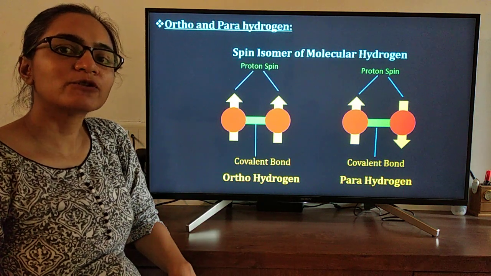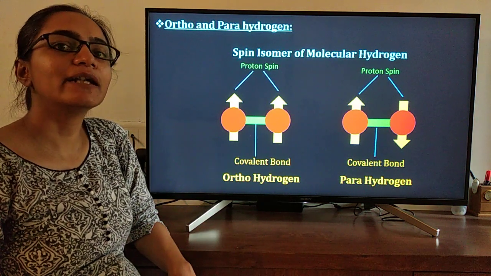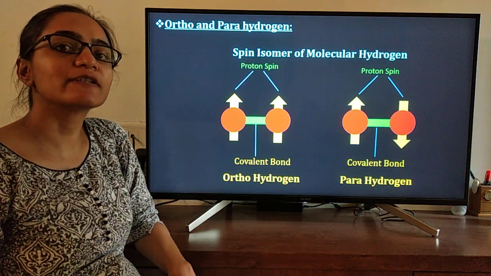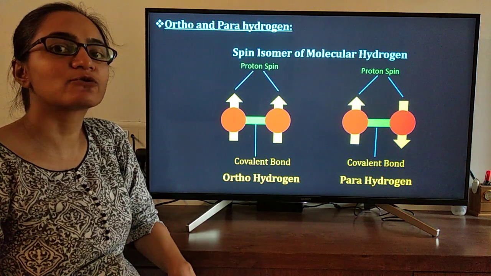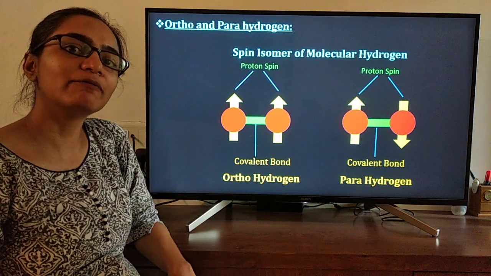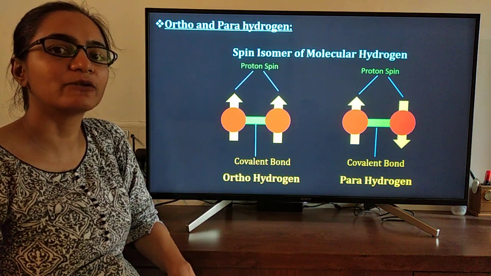Therefore, most hydrogen attains J equal to 0 near absolute zero temperature.